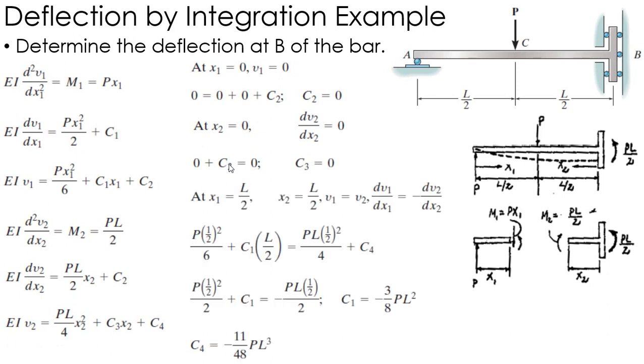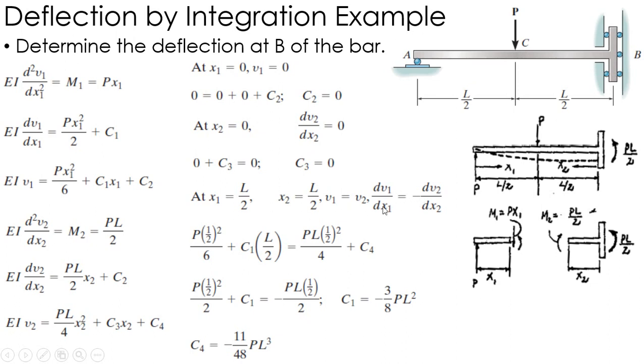Now, the other thing that I know is right at the middle of the beam, where both x1 and x2 equal L over 2. x1 goes from A to the center, and x2 goes from B to the center. So when those both equal L over 2, the continuity has to be there, which means that the deflection has to be the same, because the beam can't just all of a sudden jump to a new point, as well as the slope needs to be the same.